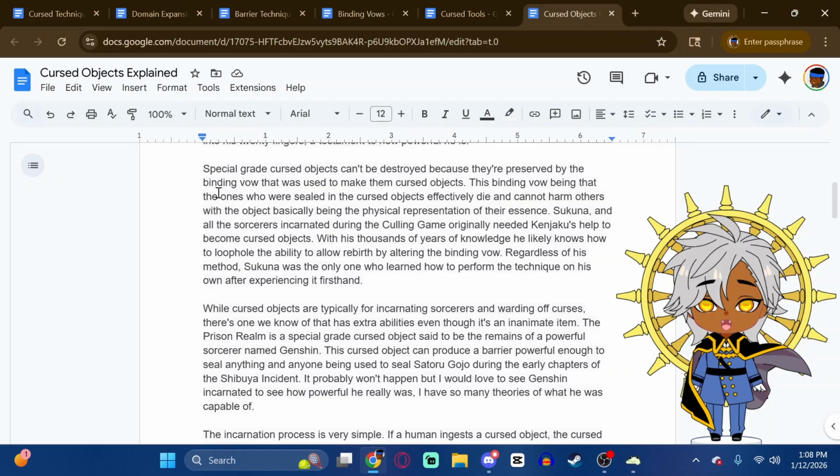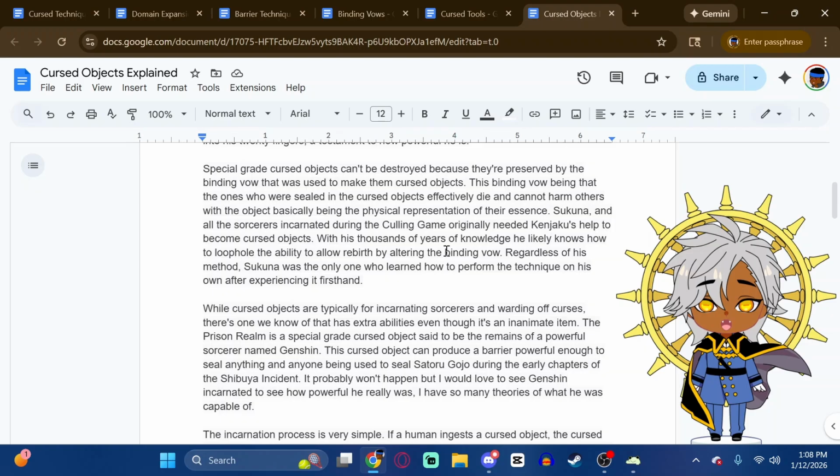This binding vow being that the ones that were sealed with these cursed objects effectively die and cannot harm others, with the object basically being the physical representation of their essence. So Sukuna and all the sorcerers incarnated during the Culling Games, which you will see later in this current season, originally needed Kinjaku's help to become cursed objects.